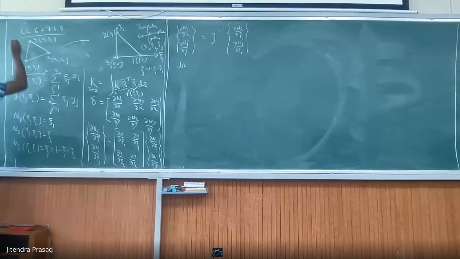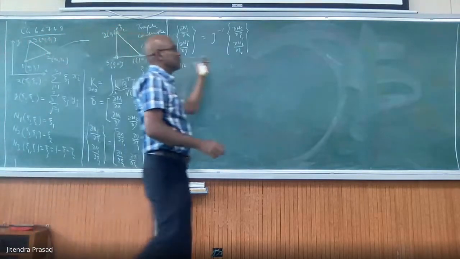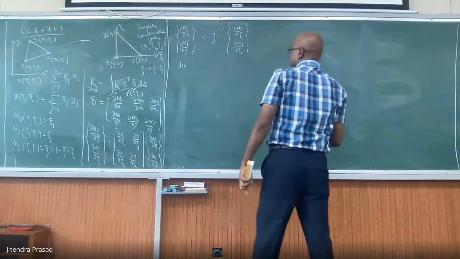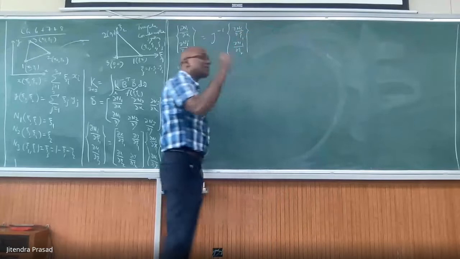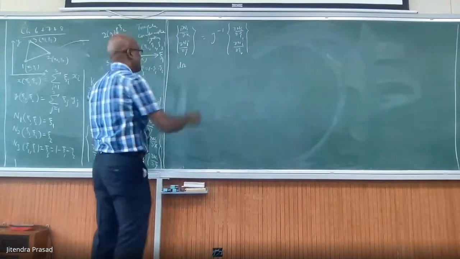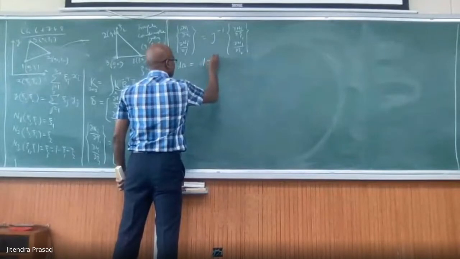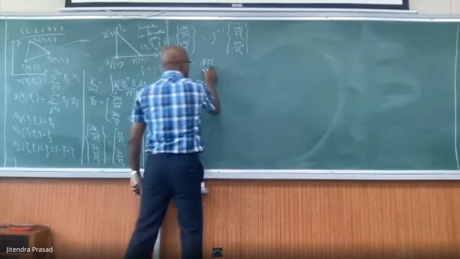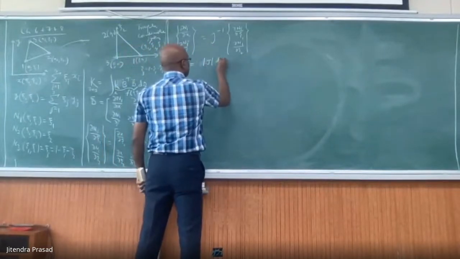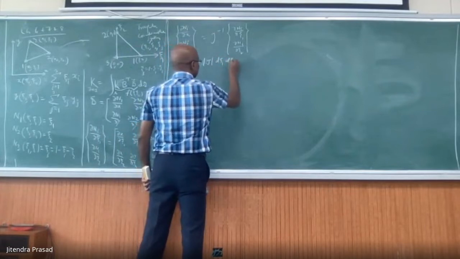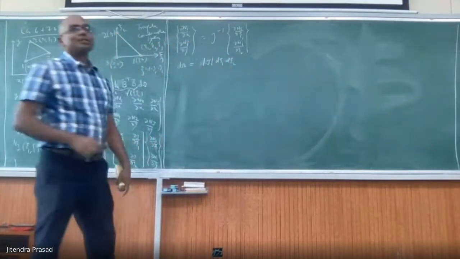This is x, this is y system, and you have here xi1, xi2 system. So you can do exactly the same analysis, and it is equal to the determinant of Jacobian, and d xi1, d xi2. You can write the same.